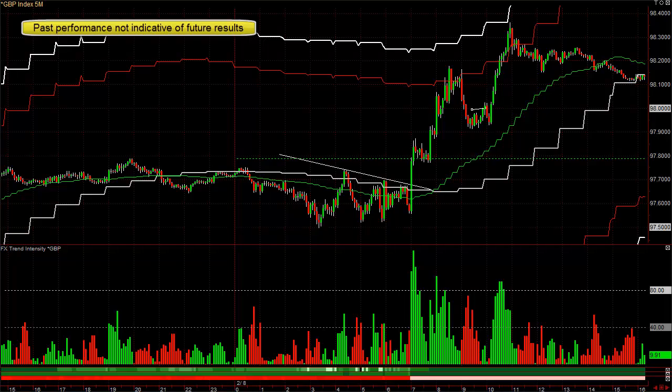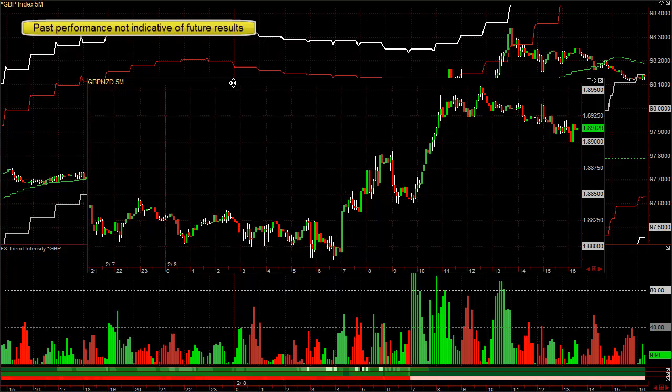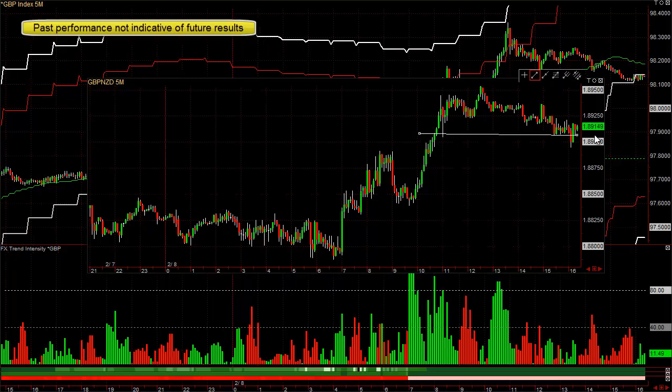Weak New Zealand, strong pound. Pound New Zealand at 11 probably shot up. Actually, this thing was going up even before that because the pound was one of the strongest ones today. But coming up to 11, somewhere around here, you can see it still went up about 35 pips. Or if a little bit after 11 you bought this little pullback right here, again, you might have made 10 to 20 pips on that one.